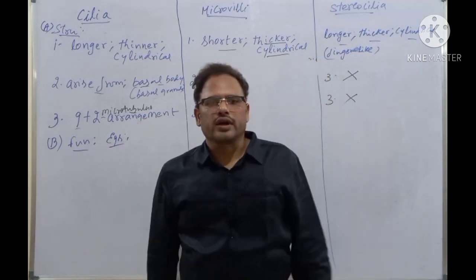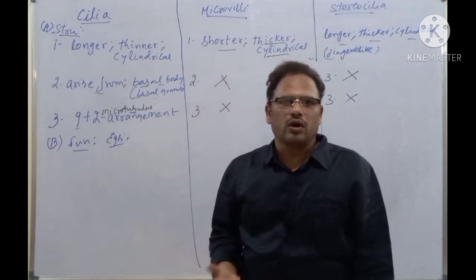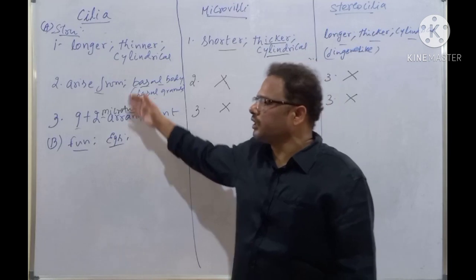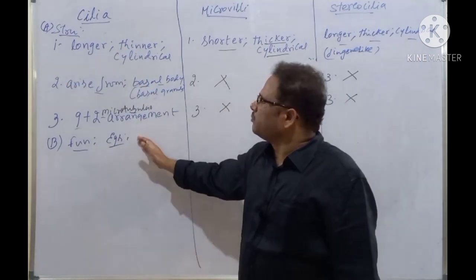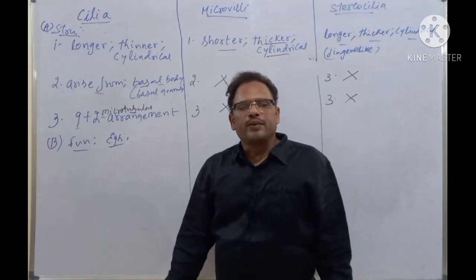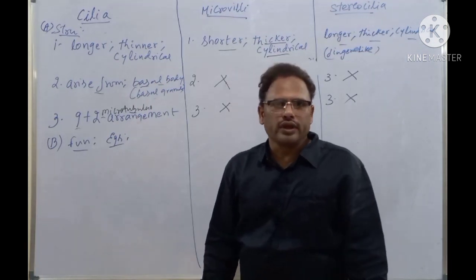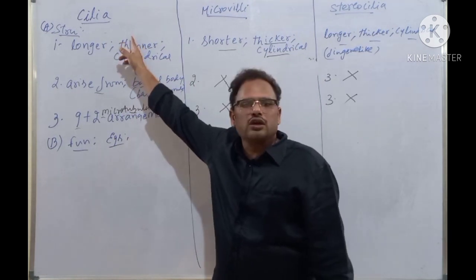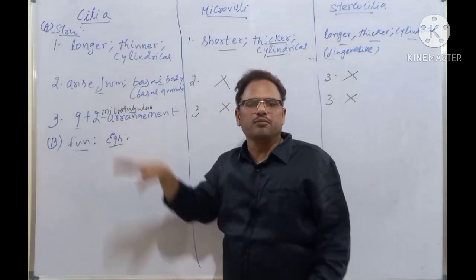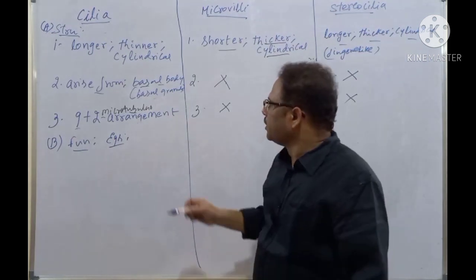When we were in the lower classes, you might have studied that paramecium and vorticella contain cilia; those are ciliate protozoans. That is a different story. But here we are discussing cilia from the epithelial cells point of view in the human body and animal body. We are discussing very, very important need-to-know bits. All of you note down.